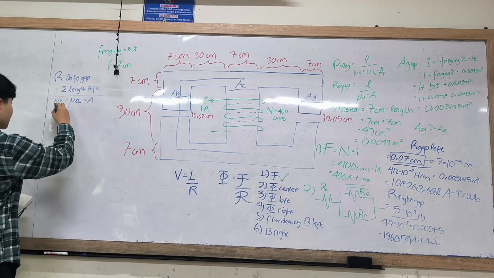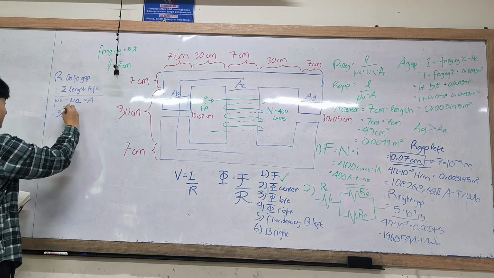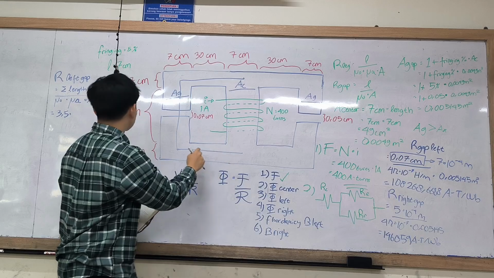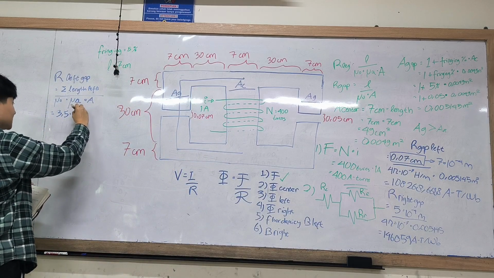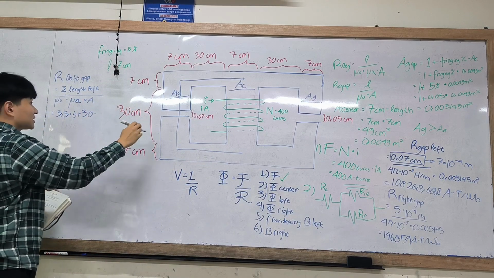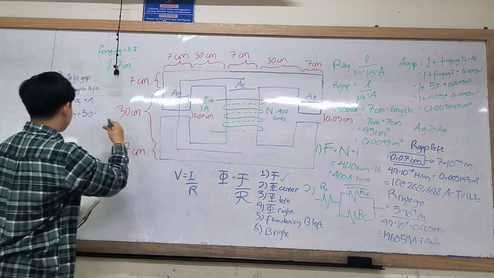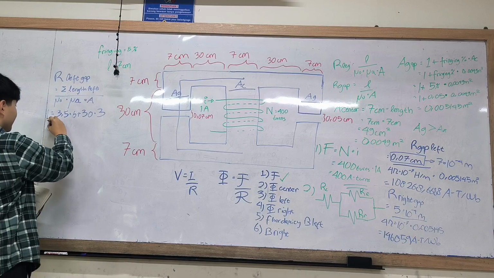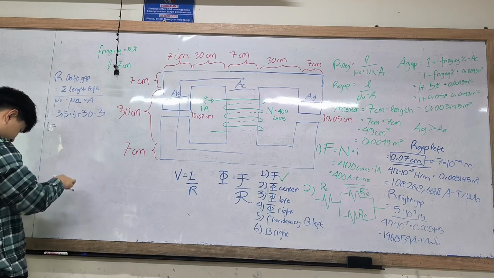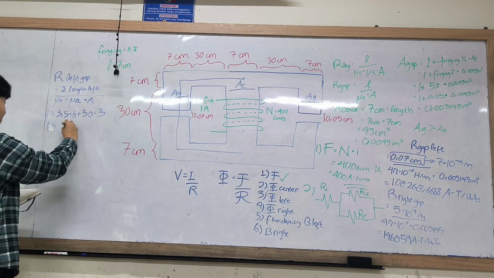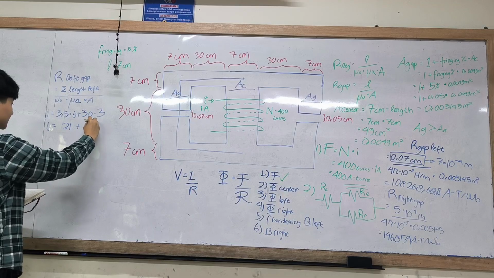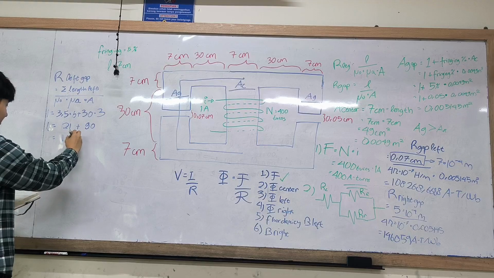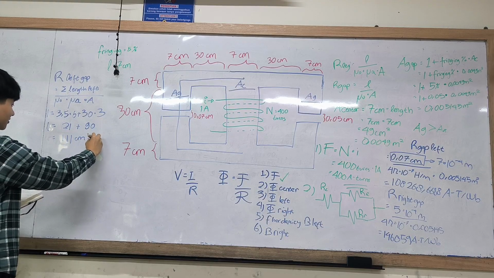So it's 3.5 times 6, plus 30 times 3. I think we have to find it in meters first. The answer will be 21 centimeters plus 90 centimeters, which is equal to 111 centimeters or 1.11 meters.